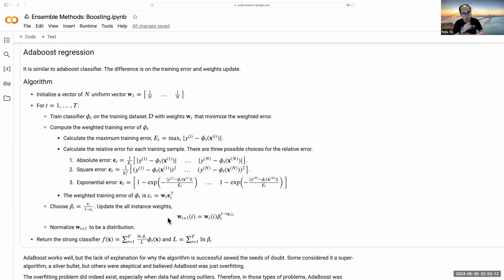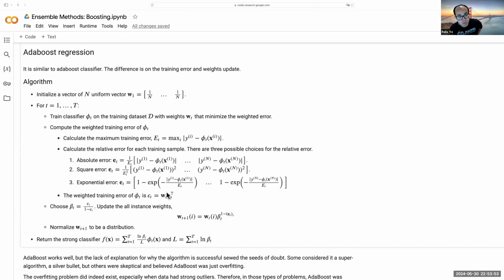We still need to check whether my training error is bigger than half or not. Oh yeah, we don't need to do that because this is not a classification problem. We don't need to check whether my error is bigger or smaller than half.